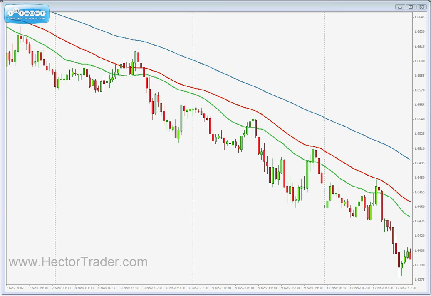The area of decision is here, in between this area, where we have to ask ourselves, will price breach through or will price turn around? If it breaches through, then I cancel or I don't search for entries anymore, just like it did here.